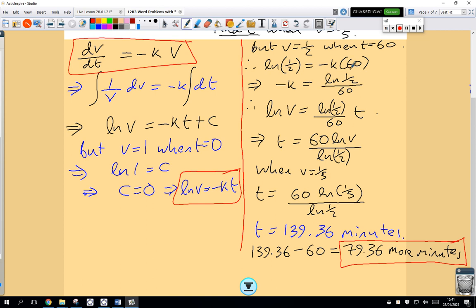I use those conditions to find a value for that constant. Substitute it back in. Remember, that's negative k I found there, not k, so natural log of a half over 60 goes in for negative k. And then solve for t. Make t the subject of the formula and plug in 1/5 for v. Calculator work. Bob's your uncle. Okay, so practice more and more of those.